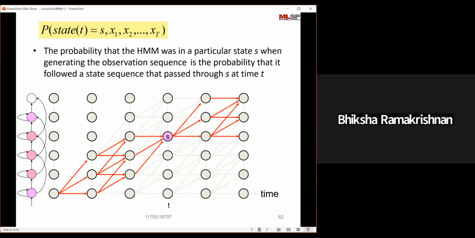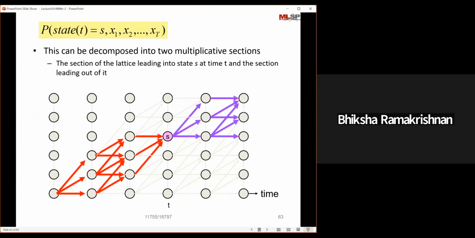Well, how do we do that? It's easy. I can draw that portion of the trellis like so. All the red arrows show all the paths leading into the state. The blue arrows show all the paths going out of the state, right?